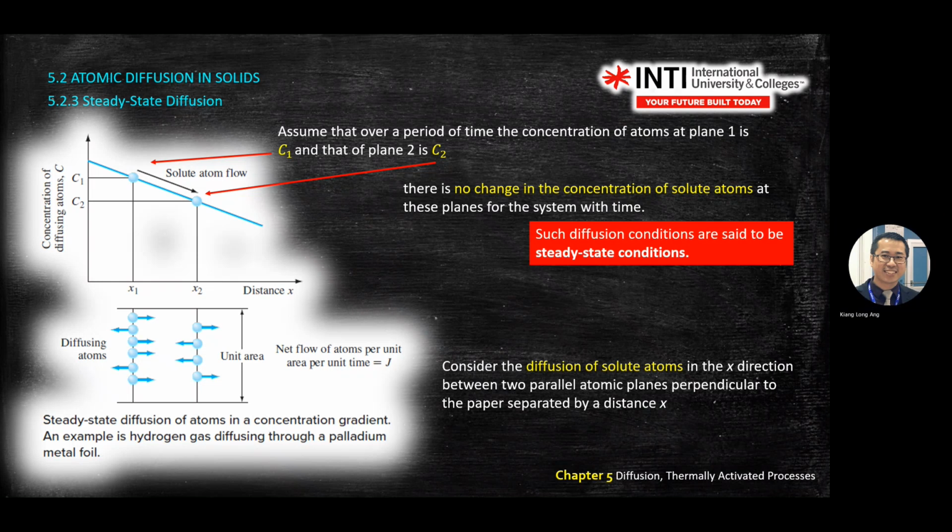When we talk about the steady state diffusion condition, it means that there is no change in concentration of the solid atoms at this plane for the system with time. This one we'll look into in a tutorial question later.